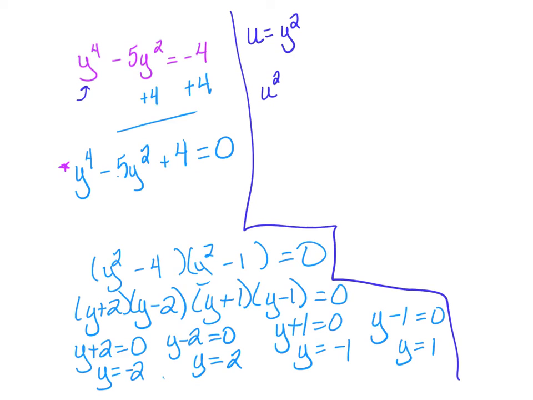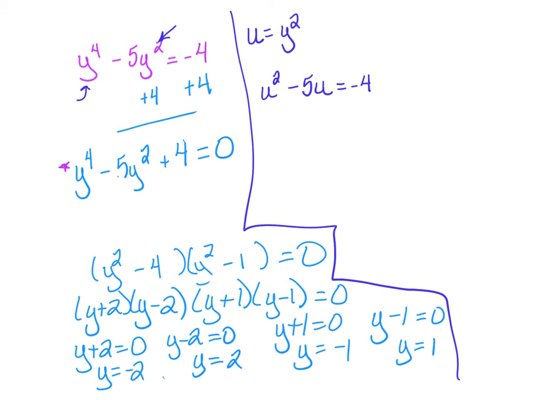Y squared times y squared is y to the 4th, so u times u is u squared. Then for this y squared, I'm going to put a u. So I'm going to have u squared minus 5u equals negative 4.